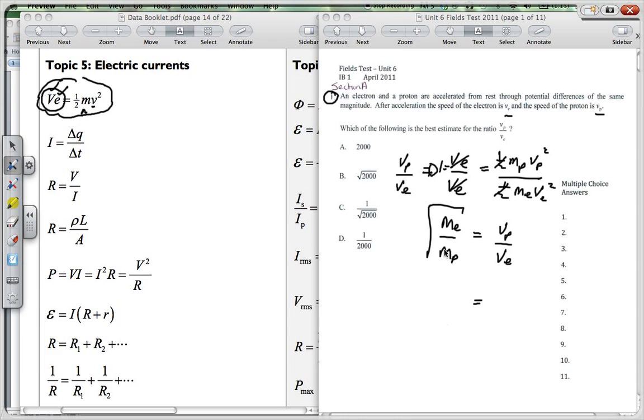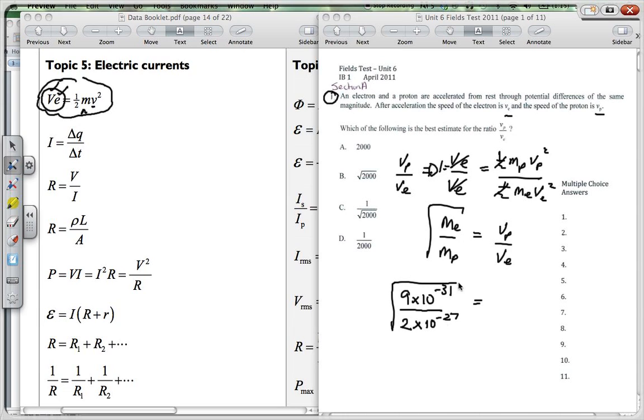Now the mass of the electron is of the order of 9 times 10 to the negative 31. I'm rounding this down because we can see that this is just an estimate, and the mass of the proton is about 1.7, but I'll do it as 2 times 10 to the negative 27.